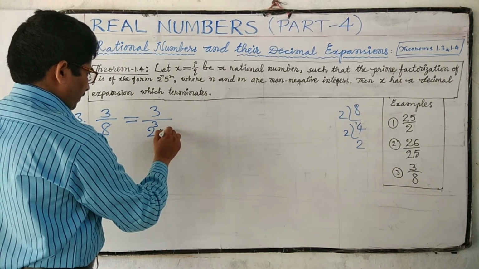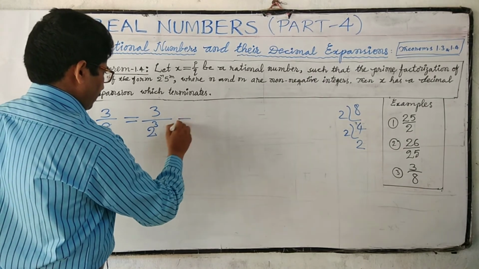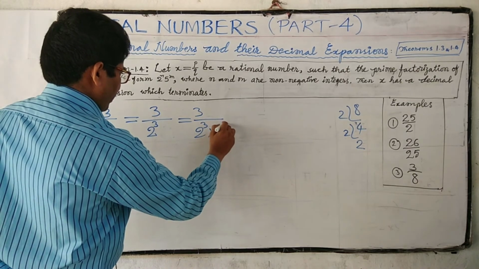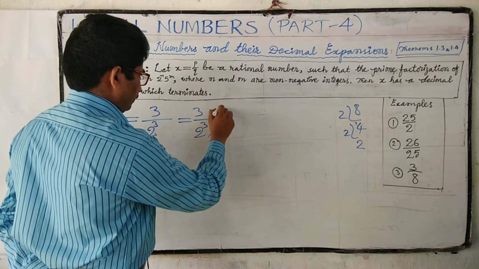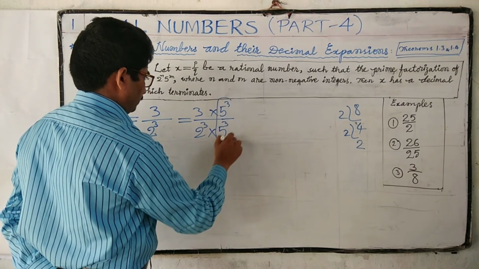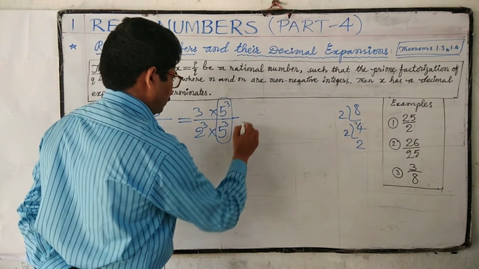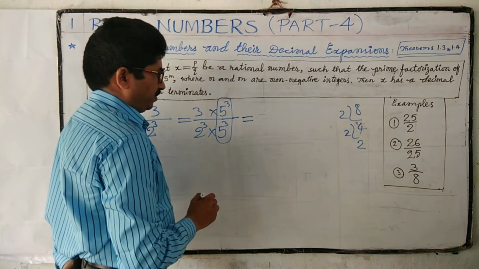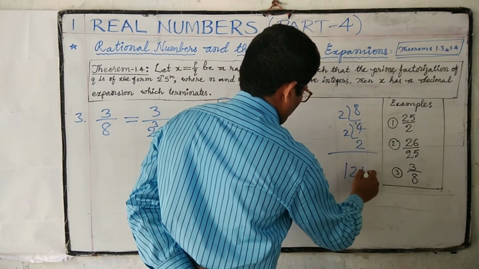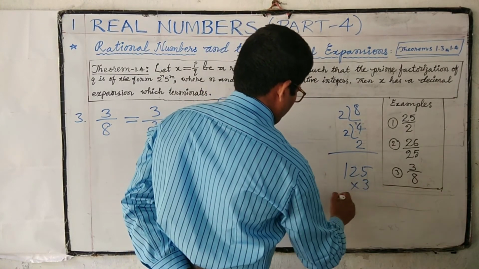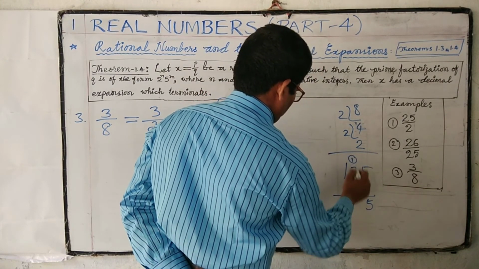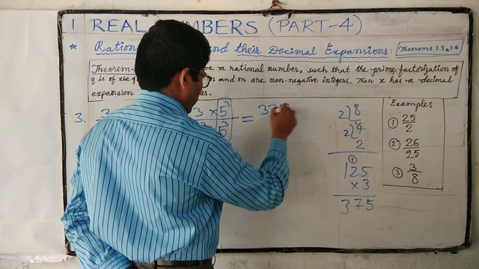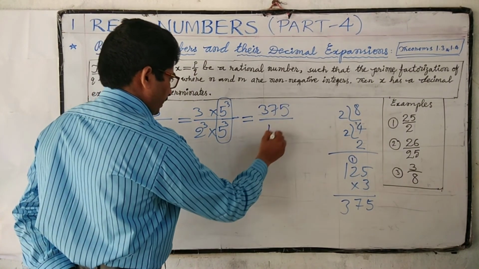That's why we have to multiply by 5 cube. 5 fives are 25, 25 fives are 125. 125 times 3: 3 fives are 15, 3 twos are 6, plus 1 is 7, 3 ones are 3, so 375 by 10 cube.